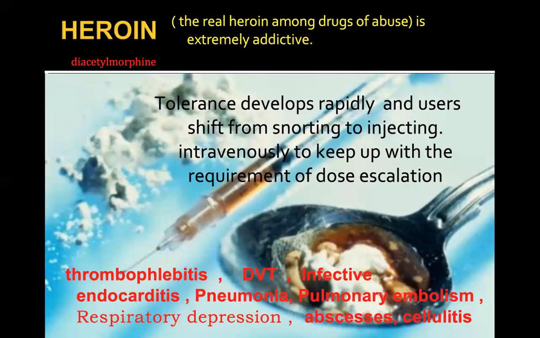What do they produce? Thrombophlebitis, DVT, infective endocarditis, pneumonia, pulmonary embolism, respiratory depression, abscesses, cellulitis. These are the effects when someone is on heroin.